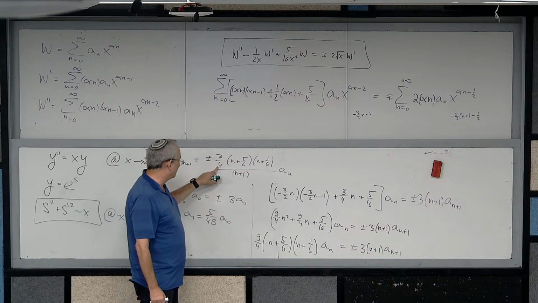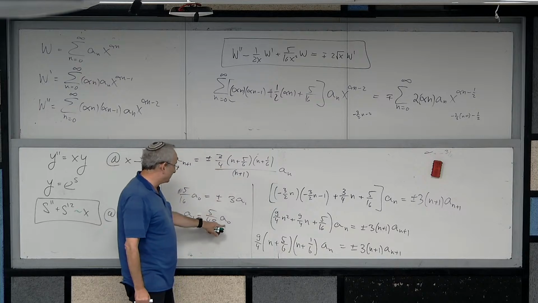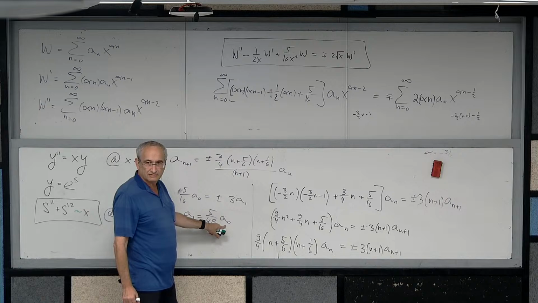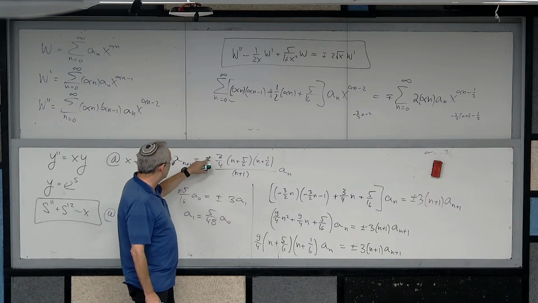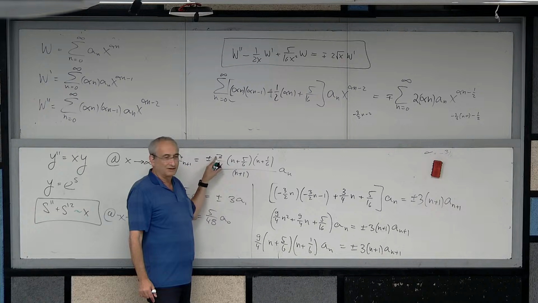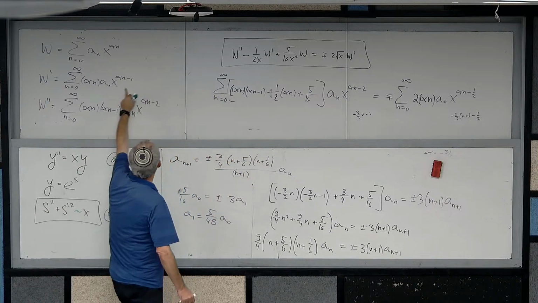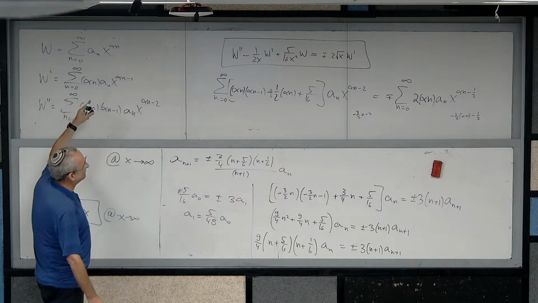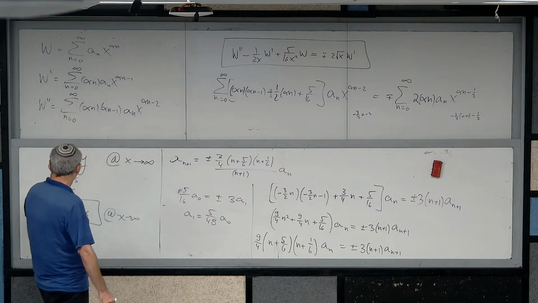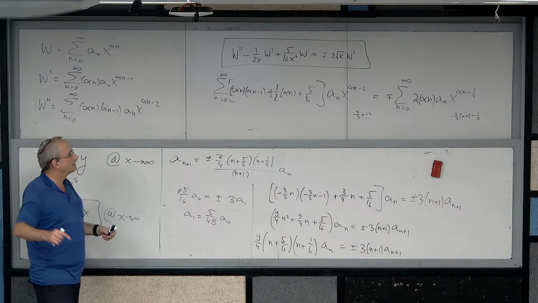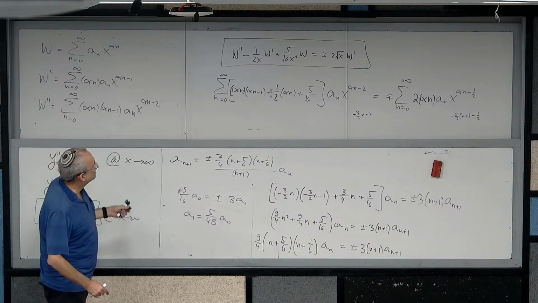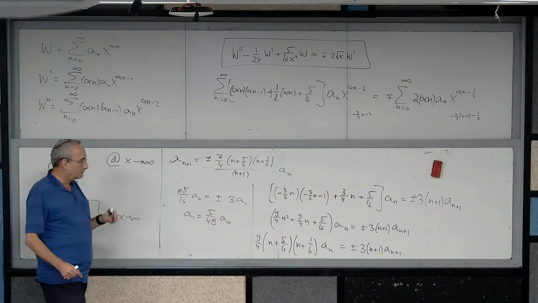So it's 5 over 48. And the denominator is 1. So it's 5 over 48 times a_0. It's only that here we have either the plus or the minus, depending on the sign of the controlling factor. Yeah. Okay.